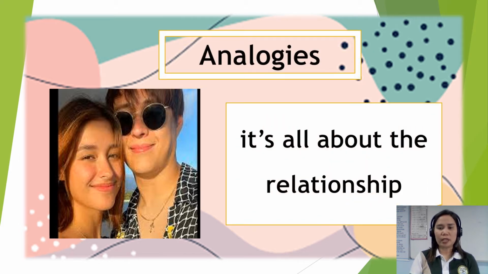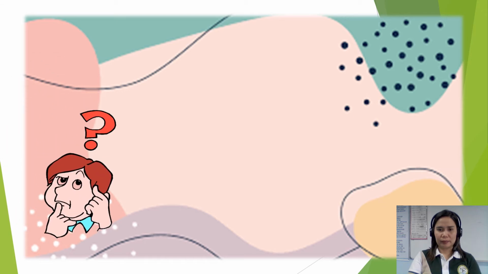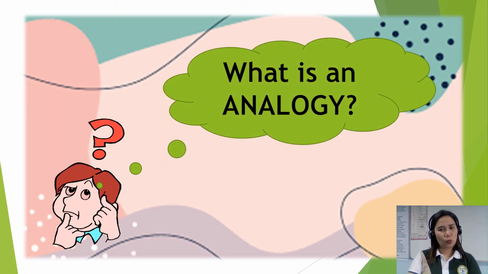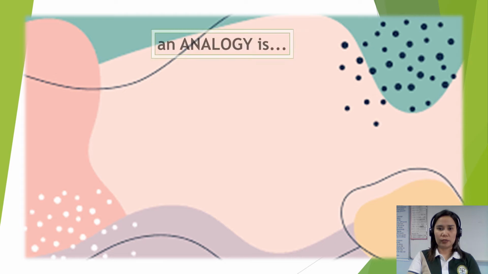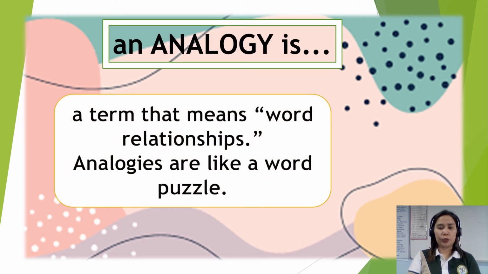Analogies. So what is analogies? It is all about the relationship. All right. So what is an analogy? An analogy is a term that means word relationships. Analogies are like a word puzzle.